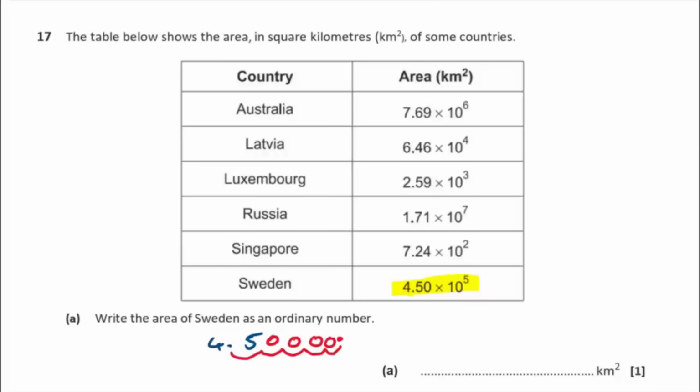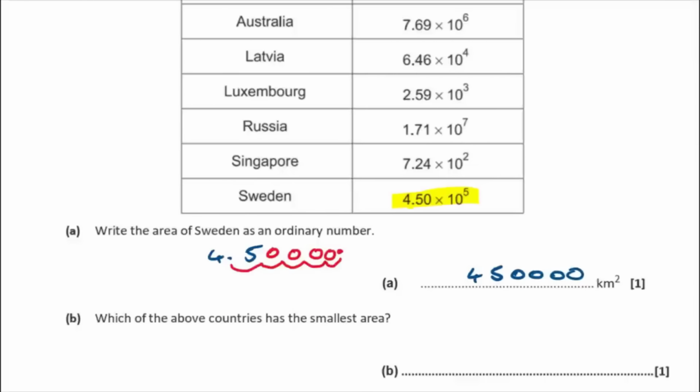So my answer is going to be 450,000. That's 450,000, isn't it? The other way of thinking about it is 10 to the 5 is hundreds of thousands, 10 to the 6 is millions, isn't it? Okay, so that's 450,000.